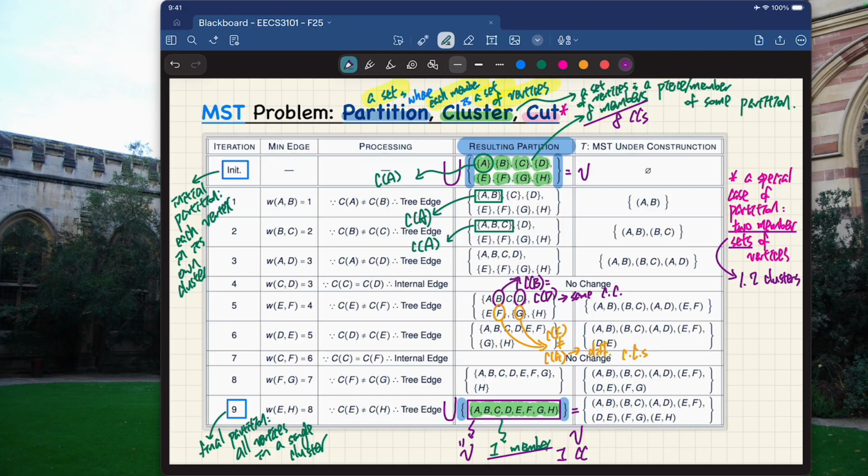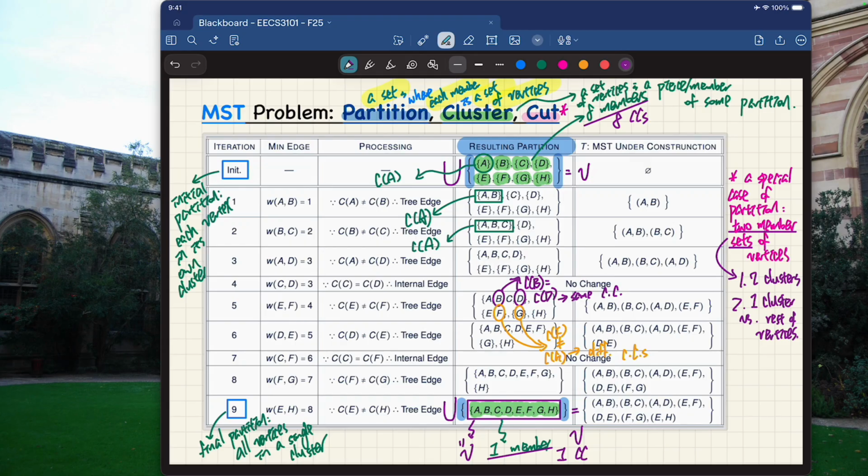Or it could be a little bit more general: one single cluster versus all the other vertices in the graph. So it could be one cluster versus the rest of the vertices. What do I mean by that?